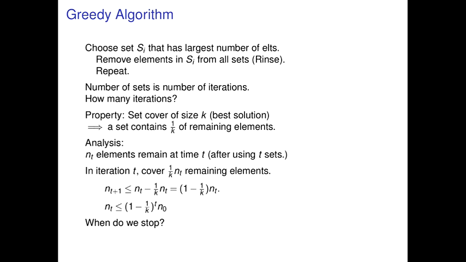Because the original set of k sets covers all the items, including the ones that are left. Does that make sense? There's k sets, the k original sets cover all the nt items. So one of the sets must contain at least nt over k of these items.